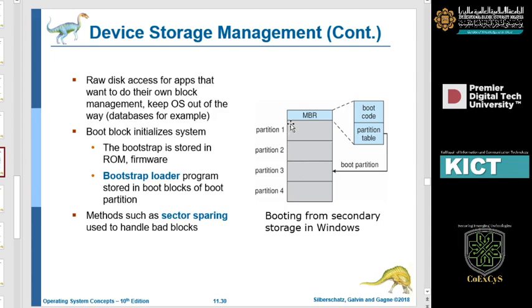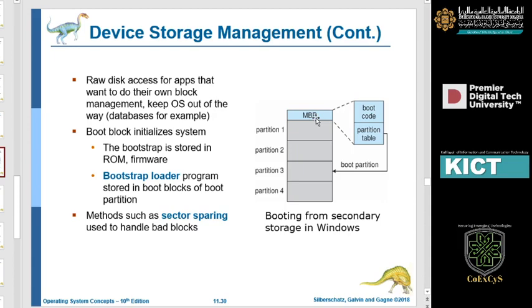About physical partitions: at the very top of it, it has an MBR, which is called the master boot record. The master boot record keeps the boot code that's required and the partition table for it to find the operating system. When you boot, first the BIOS takes over.